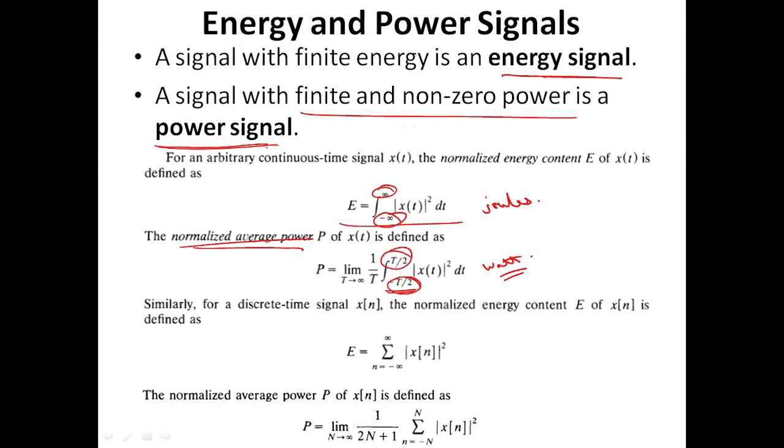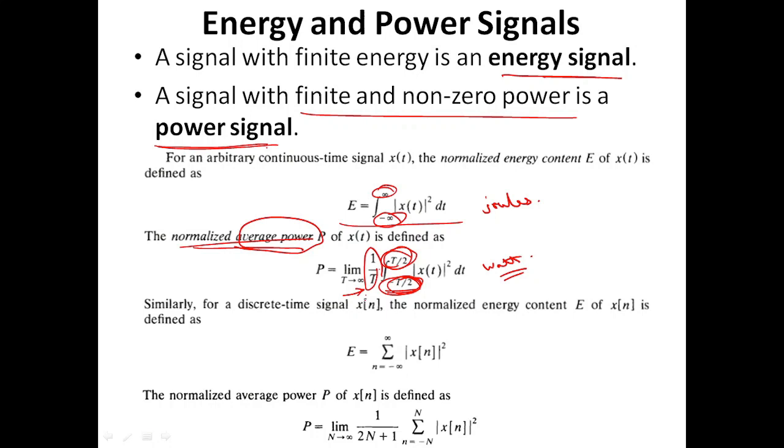So if you do the integration, it will come out to be infinity. Because of this, for determining the power, the time integral taken is from minus T by 2 to T by 2, that means one time period, and the 1 by T is there because we are calculating the normalized average power, so this is the normalization factor.